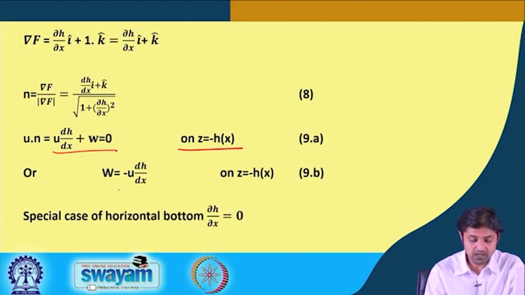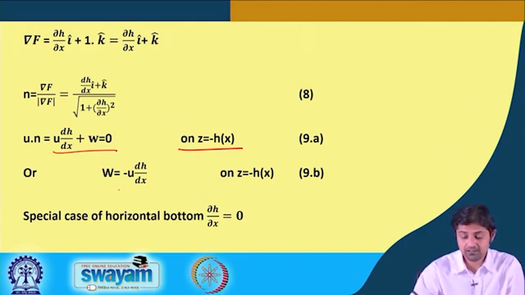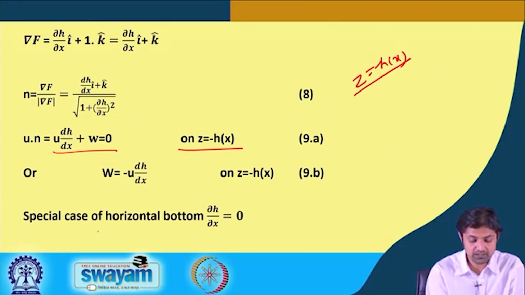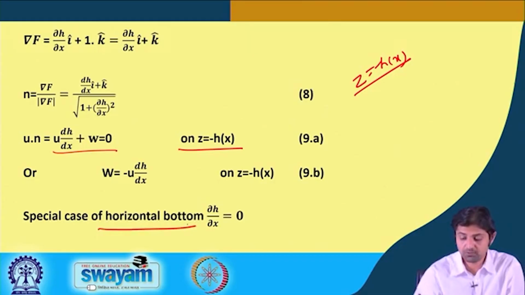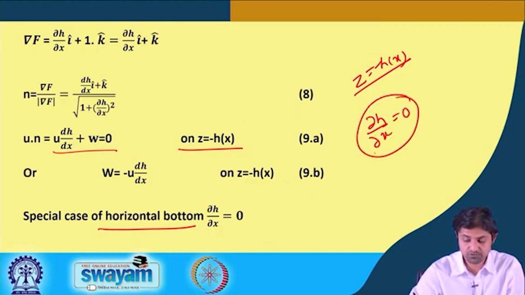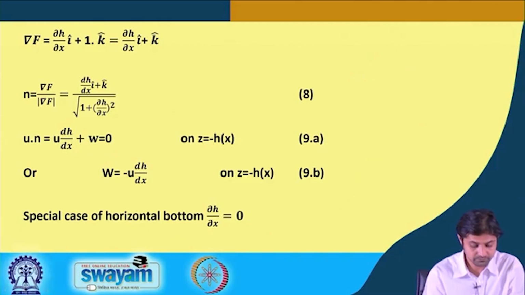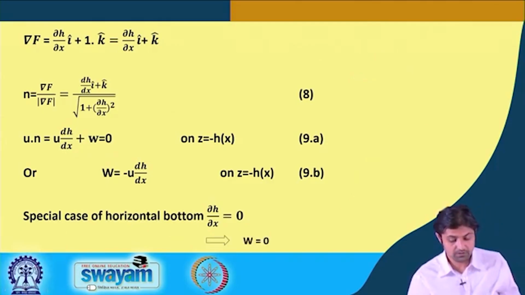Now earlier we had assumed that the bottom, z, will be minus h of x. But if we assume a case of horizontal bottom, the height will not vary as a function of x. So dh dx is going to be 0 for horizontal bottom. Therefore, this means w is equal to 0.